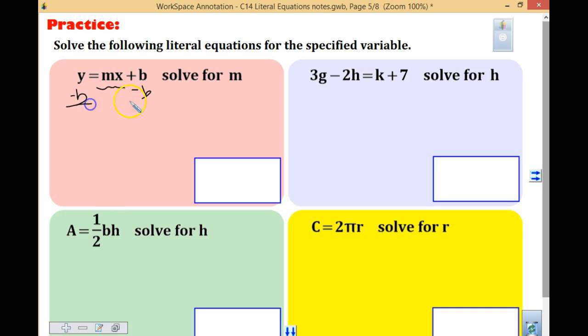Once I do that, Aaron, I'm going to be left with what? On this side, y minus b equals mx, okay? So Sam, I still want to find what m equals. What am I going to do?